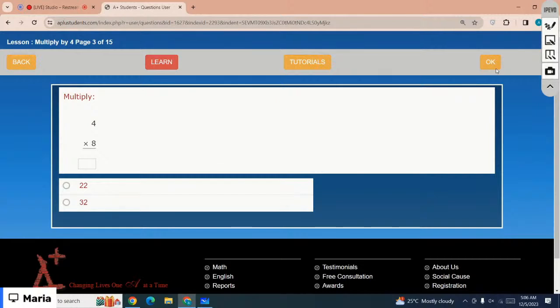So 4 times 8 is 32. So the correct option is, yes, it is 32.